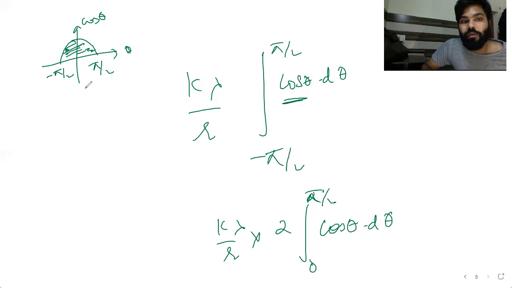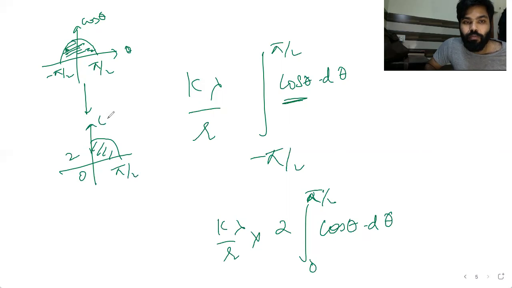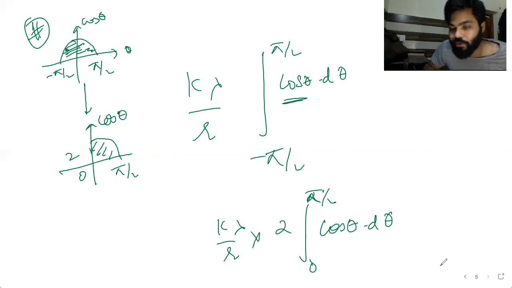But you can also integrate this expression from 0 to pi by 2 two times, because it is symmetric. By doing 2 times this area, you can easily get the whole area. This is the property of an even function. So I just wrote minus pi by 2 to pi by 2 as 2 times 0 to pi by 2 of cos theta, because cos theta is an even function.